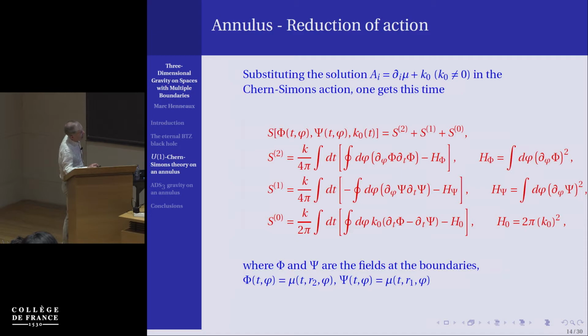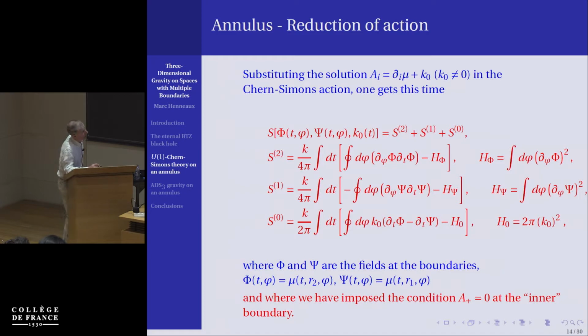And then on top of that, we have a piece that comes from this term in the vector potential, and that involves the time derivative of the difference between phi and psi integrated over phi. So K0 does not depend on phi, so I could have written it here.